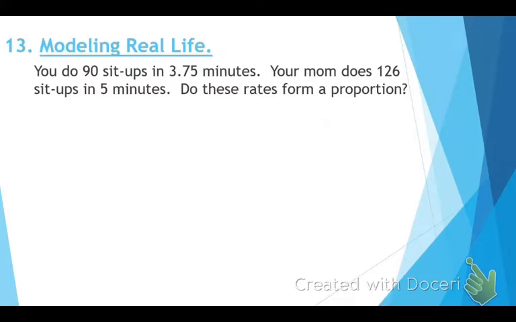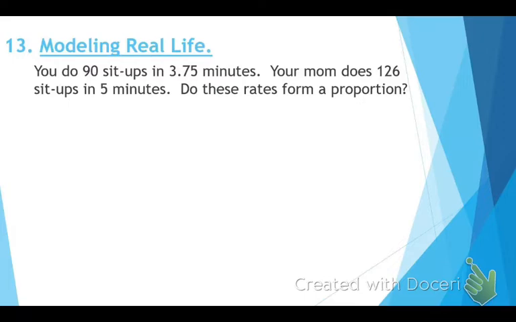All right, for this modeling real life problem, you do 90 sit-ups in 3.75 minutes, and your mom does 126 sit-ups in 5 minutes. Do these rates form a proportion? So once again, there's two ways you can do it. You can find it by the unit rate, or you can find it with using cross products. In the end, yes or no, do they form a proportion?